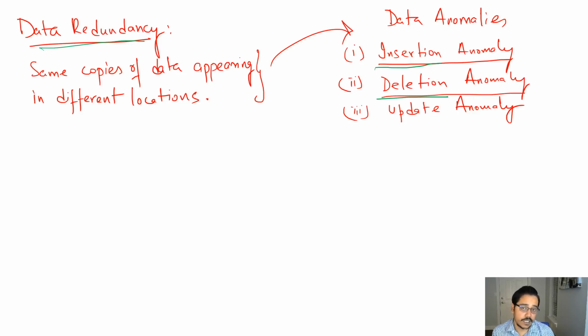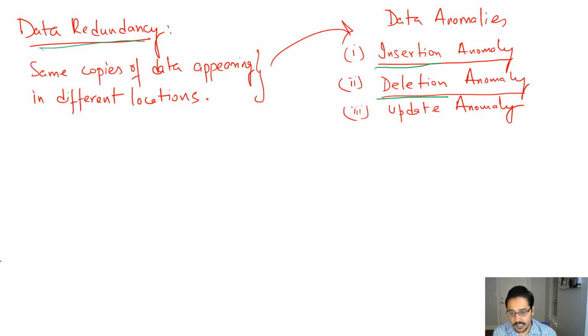You can insert data which might lead to the creation of dummy data, or require the creation of dummy data, that has no meaning, right? You might delete a certain record, and that might also lead to a removal of a record that is not intended, right?